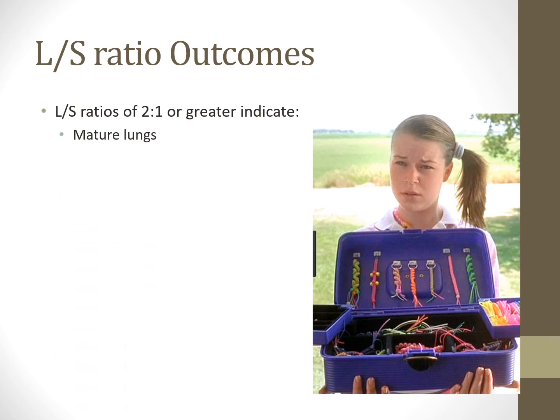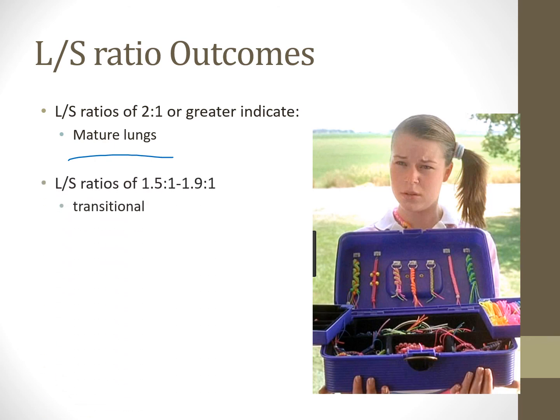All right, so what does it mean? So 2 to 1 means they're more mature lungs, right? This baby is less likely to need surfactant replacement therapy. Doesn't mean that they won't require it. It just means that they're less likely to need it because their surfactant is mature, right? There's still things that can deactivate it, like meconium and pulmonary edema, things like that.